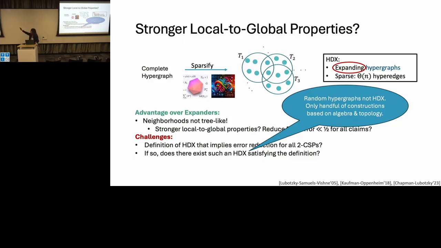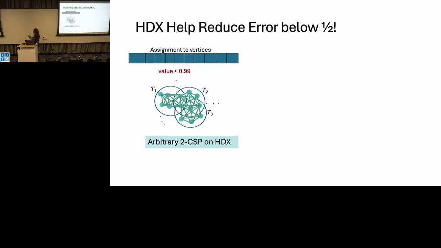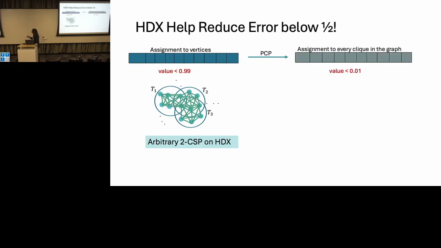In fact, we only have 2 to 3 constructions that are based on algebra and topology. But fortunately, it turns out there was already a definition called coboundary expansion which helped us: if you take HDXs satisfying those properties, you can show that any 2 CSP on this HDX has a PCP with low value.